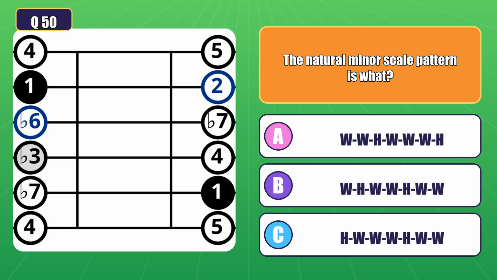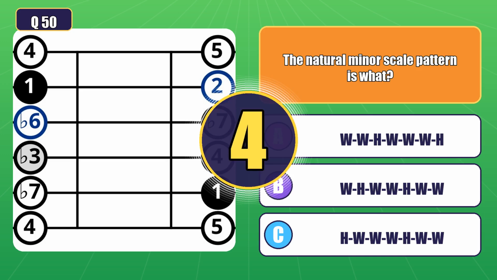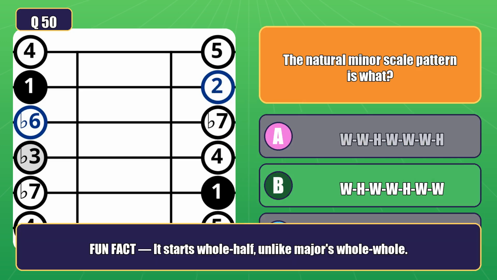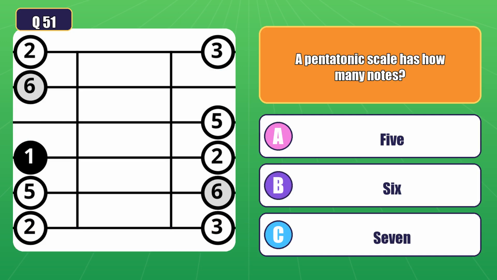The natural minor scale pattern is what? The answer is whole, half, whole, whole, half, whole, whole. Fun fact, it starts whole half, unlike major's whole whole. Question number 51. A pentatonic scale has how many notes?